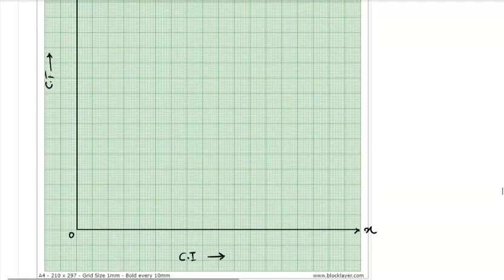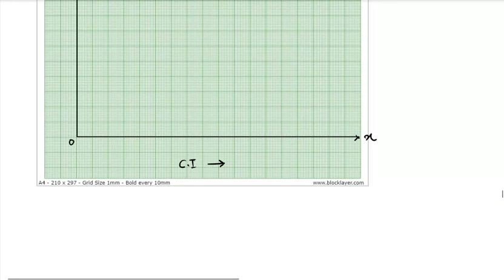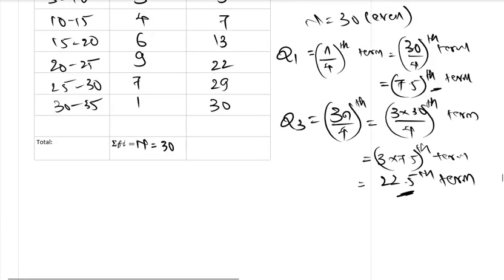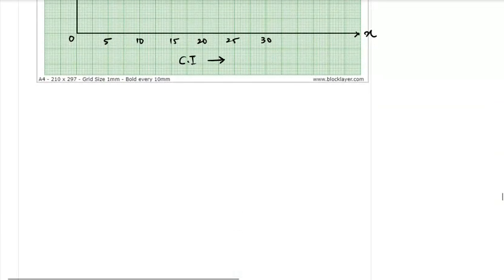So how is it going to look? On x, it's going to look like this: 0, 5, 10, 15, 20, 25, 30. Why am I choosing such a scale? Because I want my graph to be more spread out, and it's going to go till 35. So see, I'm using most of my x-axis.